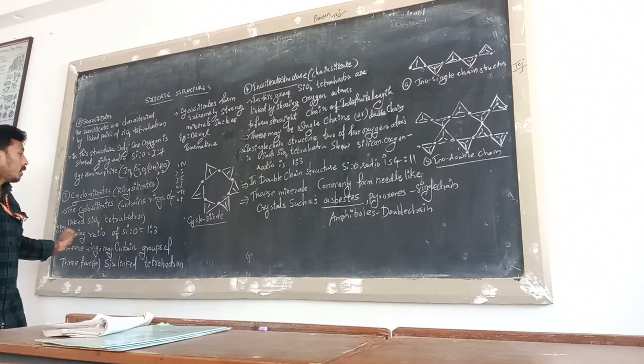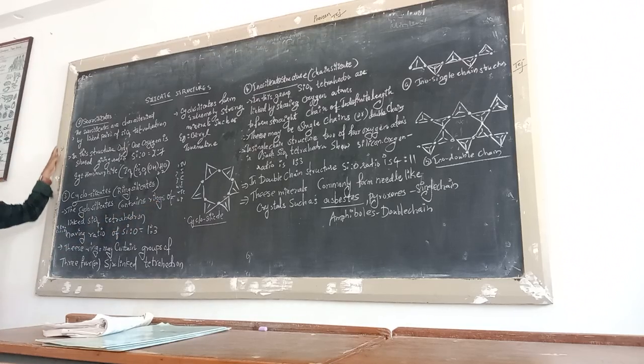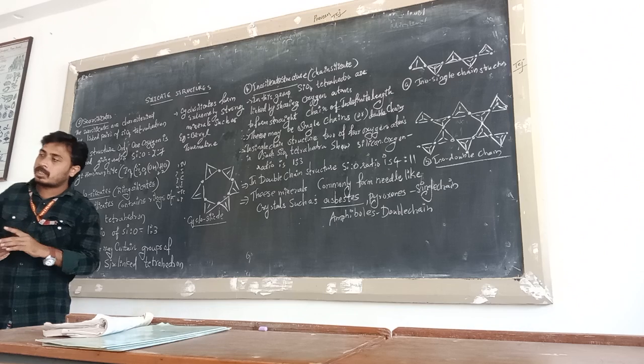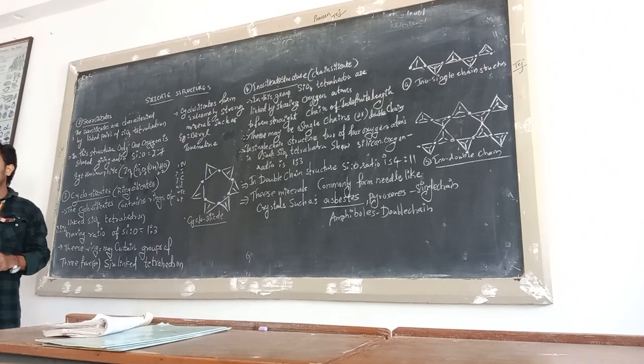Nesosilicates are those where the silicon to oxygen ratio is 1 is to 4. Next, sorosilicates, silicon to oxygen ratio is 2 is to 7. Olivines are the examples for the nesosilicates, and hemimorphites are the example for the sorosilicates.